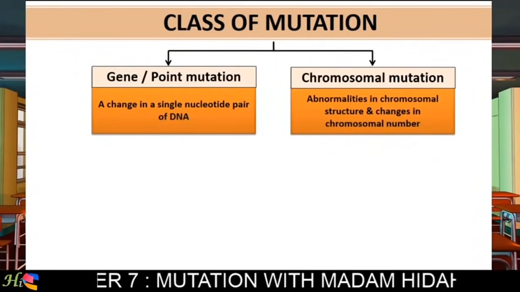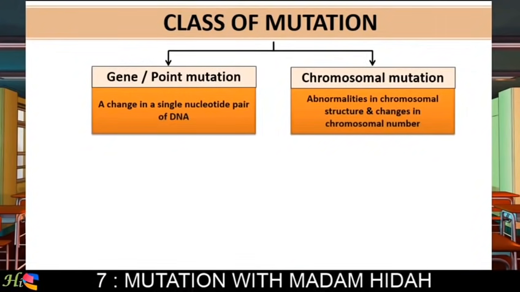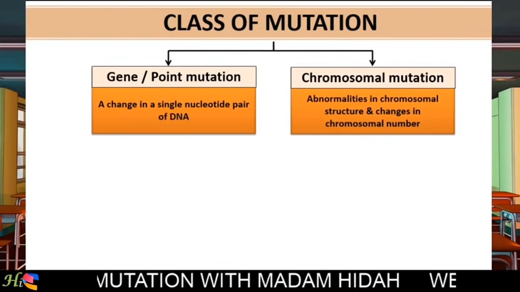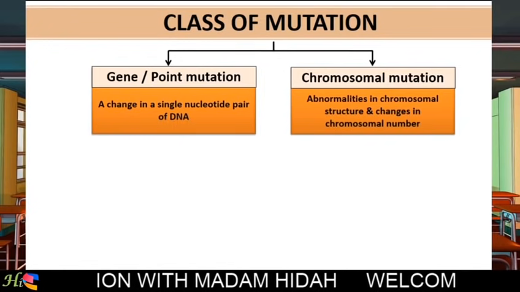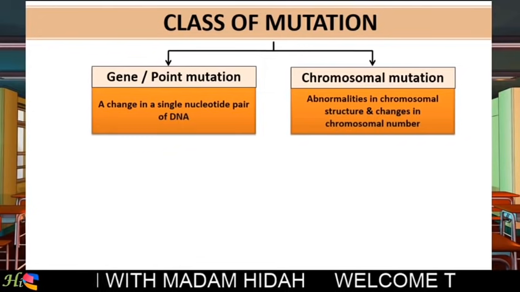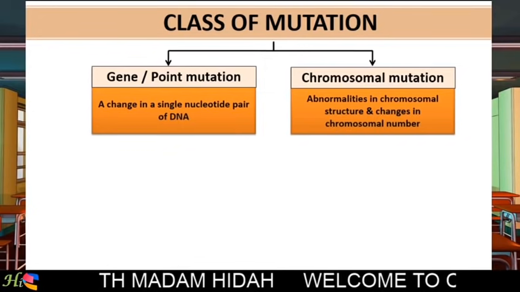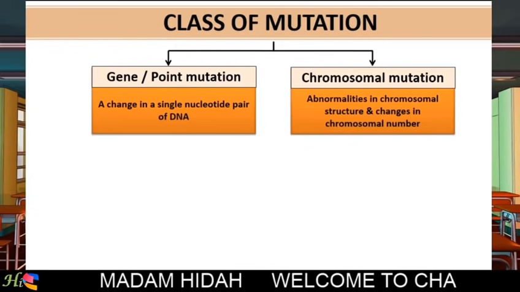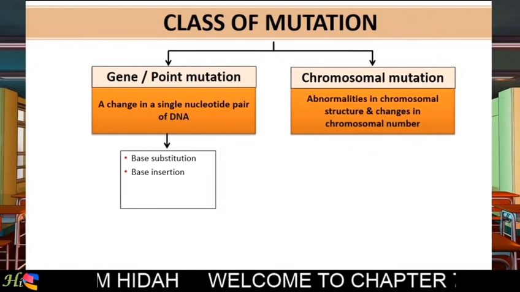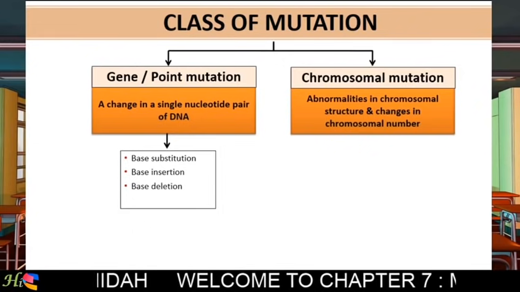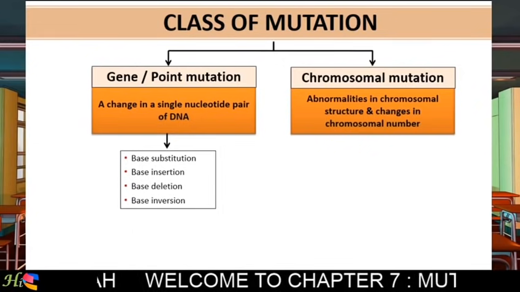Mutation can be classified into gene mutation and chromosomal mutation. Gene mutation, or also known as point mutation, is a change in a single nucleotide pair of DNA. Gene mutation can be divided into base substitution, base insertion, base deletion, and base inversion.